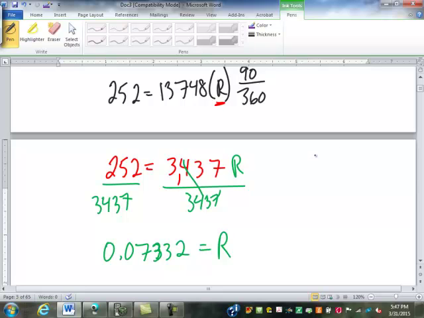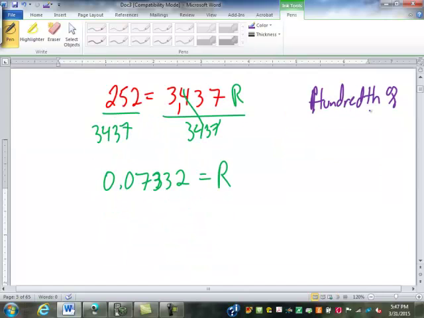So let's say I ask you to round this to the nearest hundredth percent. Since the original percent was given to the nearest tenth, it would make sense that I'd want to go at least one digit past that. So the nearest hundredth percent, this is going to be what? 7.33. Good. Move it 2 spots, 7.332.